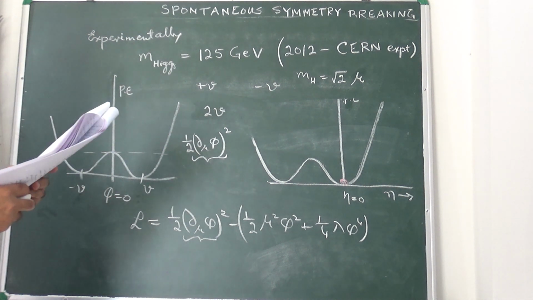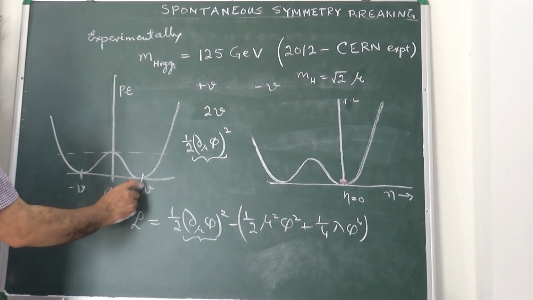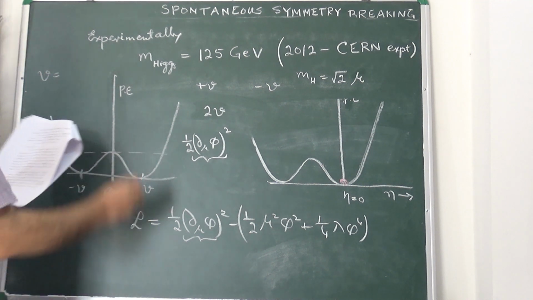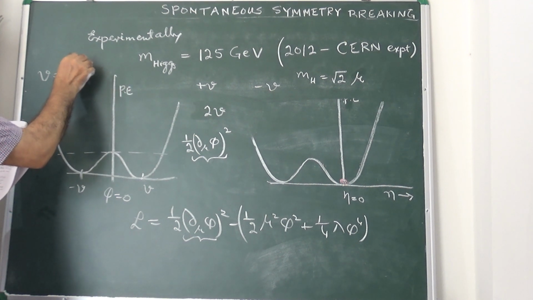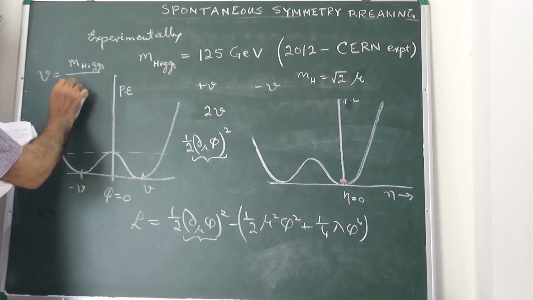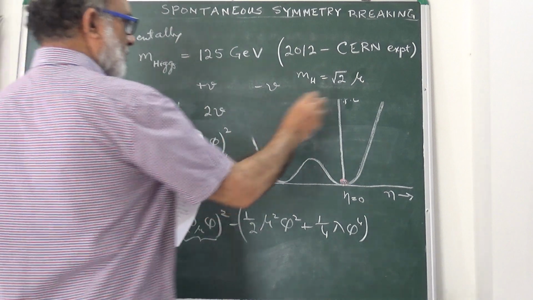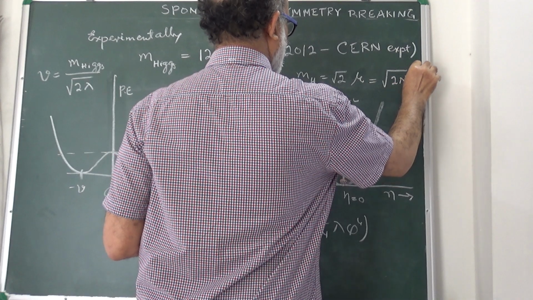So the Higgs field is not zero throughout space, but has a value. Even at the minimum position there is some value of the Higgs field, and this field value is given by v equal to the mass of the Higgs divided by root 2 lambda, because the mass of the Higgs is actually under root 2 lambda v square.